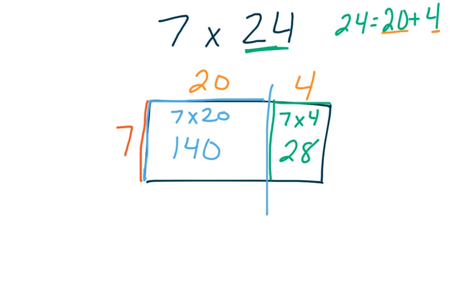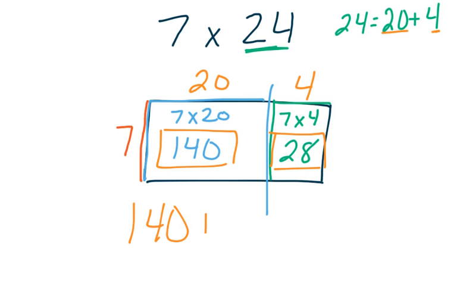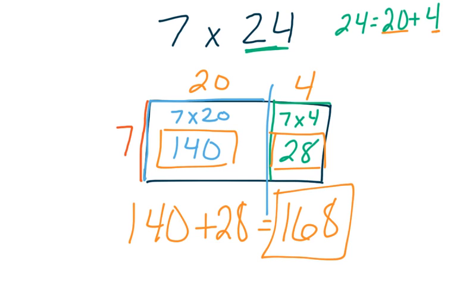And my last step is going to be to add those up, my partial products, the pieces that I get from multiplying after I've expanded my larger number. 140 plus 28 is going to give me a total of 168, and that is my final product.